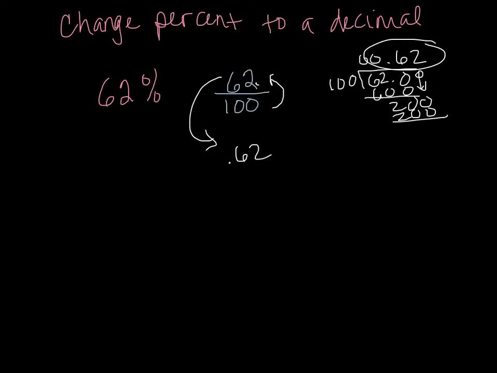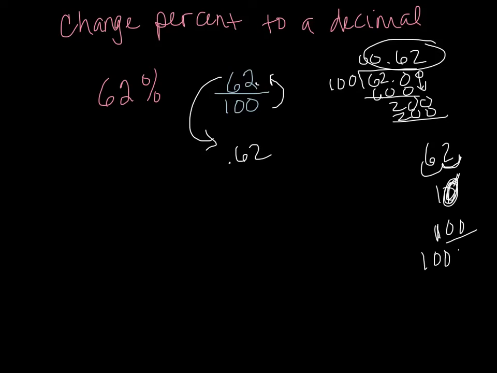Here's the shortcut. When you're dividing by 10, you're really just moving a decimal over one spot because there's 1 zero. If you divide by 100, it moves over 2 spots because there's 2 zeros.